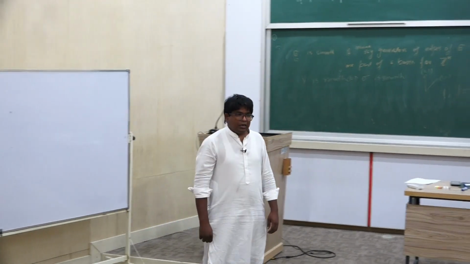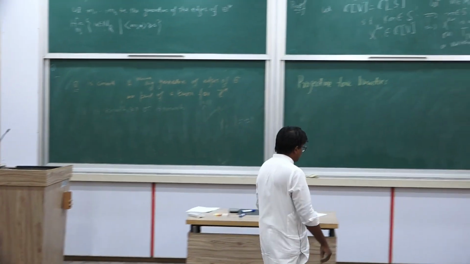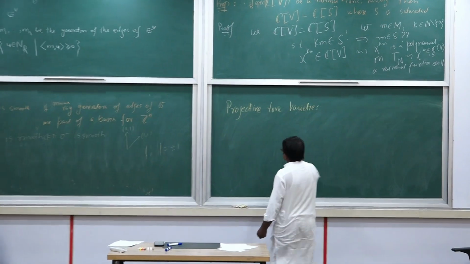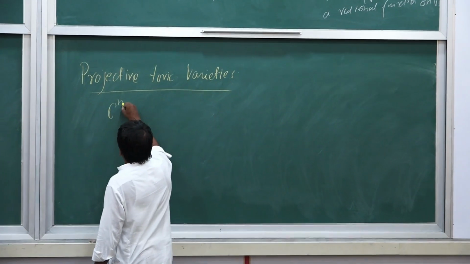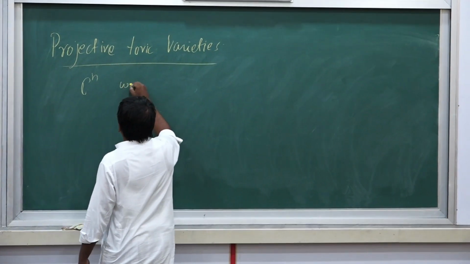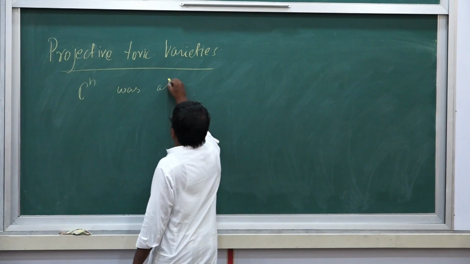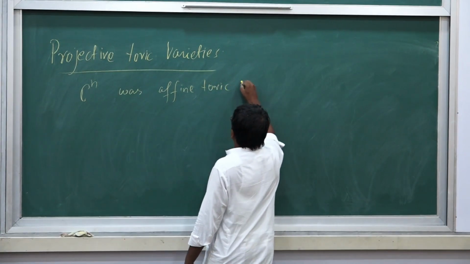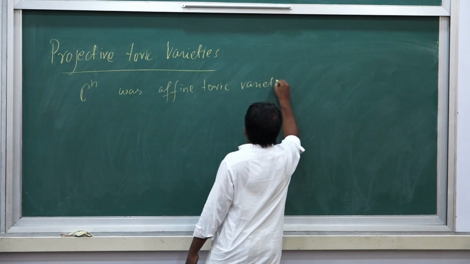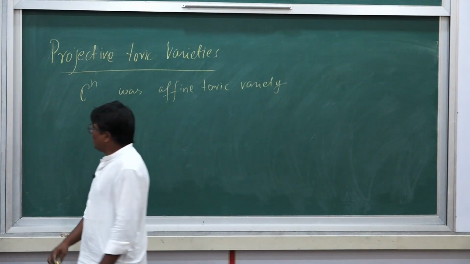Okay, and the good thing about projective varieties here is that, like Cn, recall that Cn was an affine toric variety, so it has a torus.